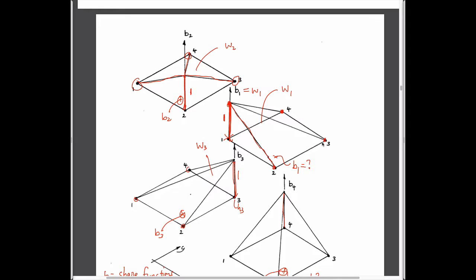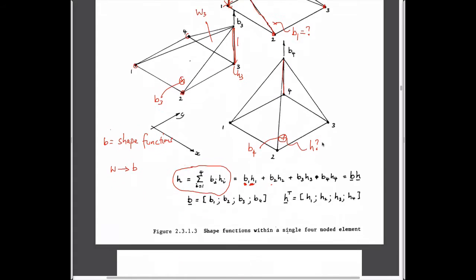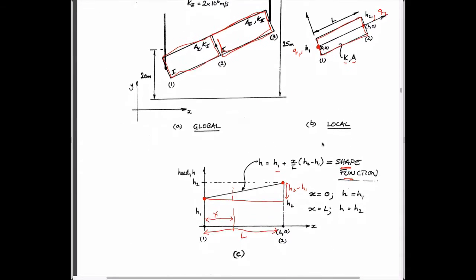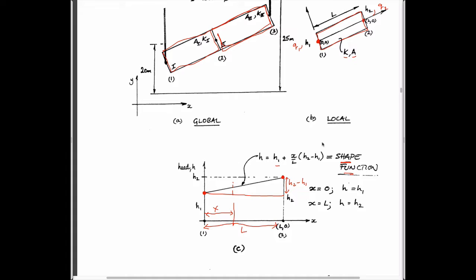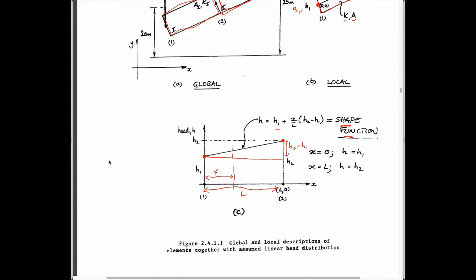And so what we did in our particular development of this element may have seemed a bit strange, but it could be represented in the same way, right? So if you have a shape function, for instance, that looks like, can I do it underneath there? No, I won't do it. I'll do it to the side.